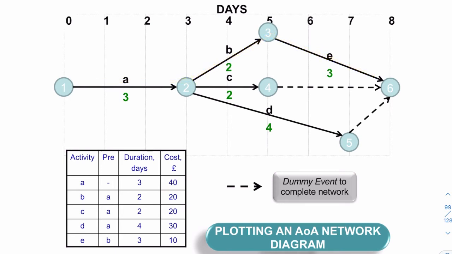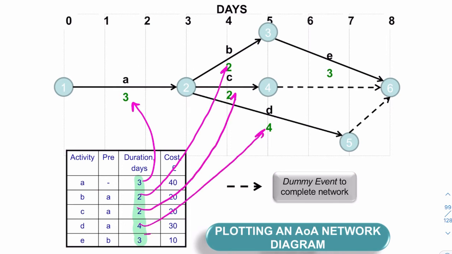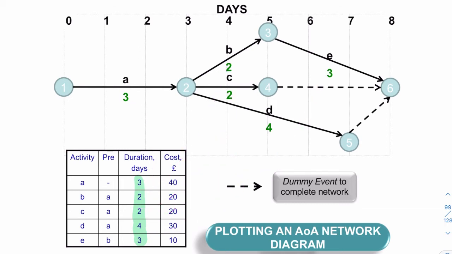Now, if we put these durations onto the arrows, we have an activity on arrow diagram, where the length of the arrow indicates the duration. So from this, how long will the project take? Let's say we're arranging a wedding party.